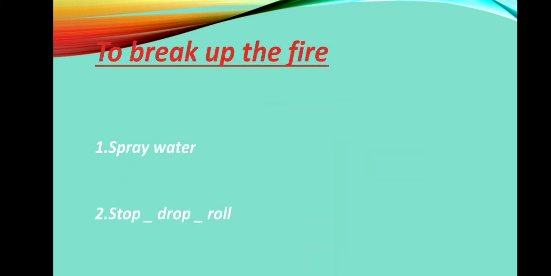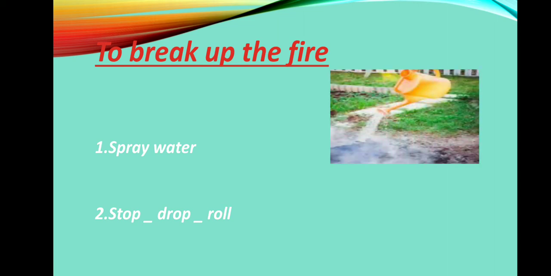To break up the fire: for example, when something is burning, what do you have to do? First of all, spray water. Why do you spray water? Here, the oxygen gas is there, the fuel, that means the object, is there, and the heat.